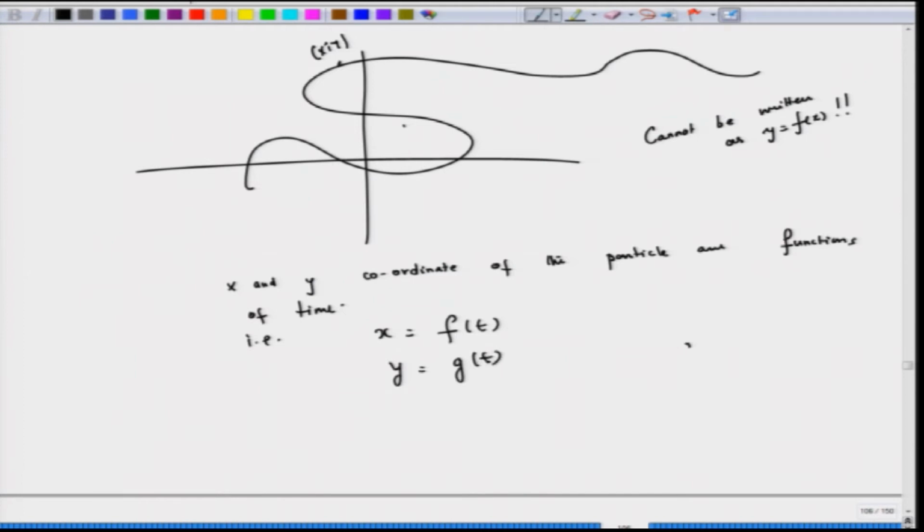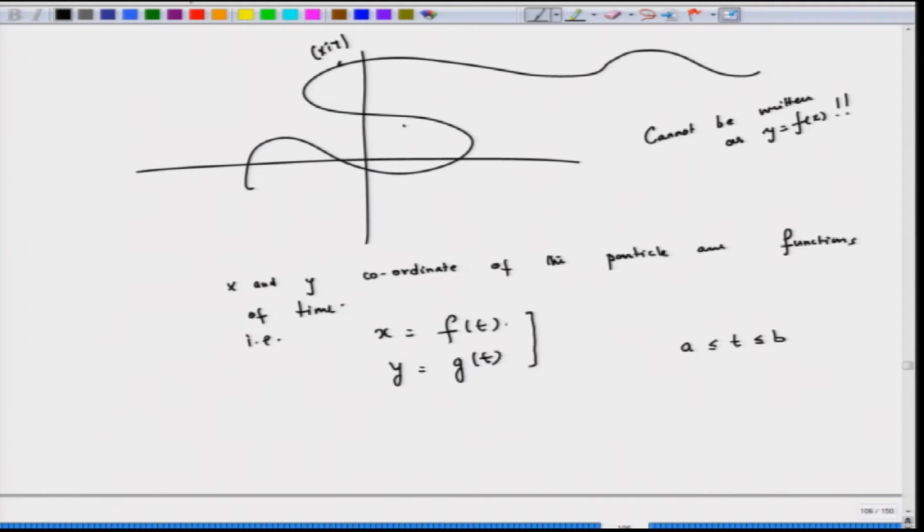And the time interval you are looking at is from a to b, let us say from 1 hour to 2 hours or something like that, whatever, but this is on the interval a to b. So, this is given by a parametric equation.